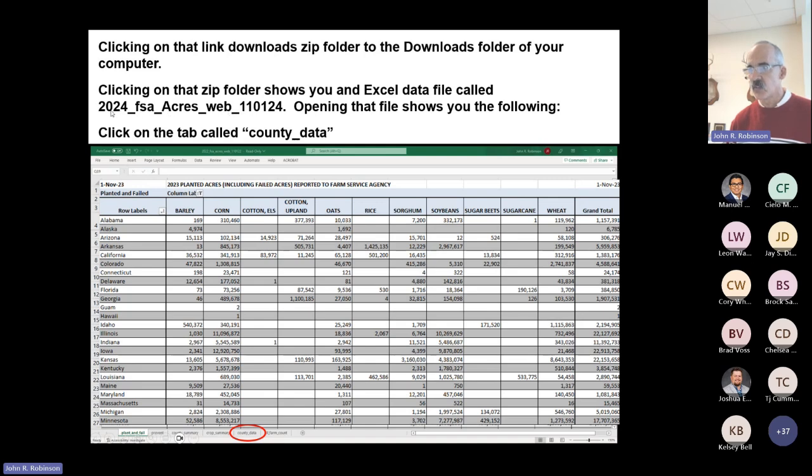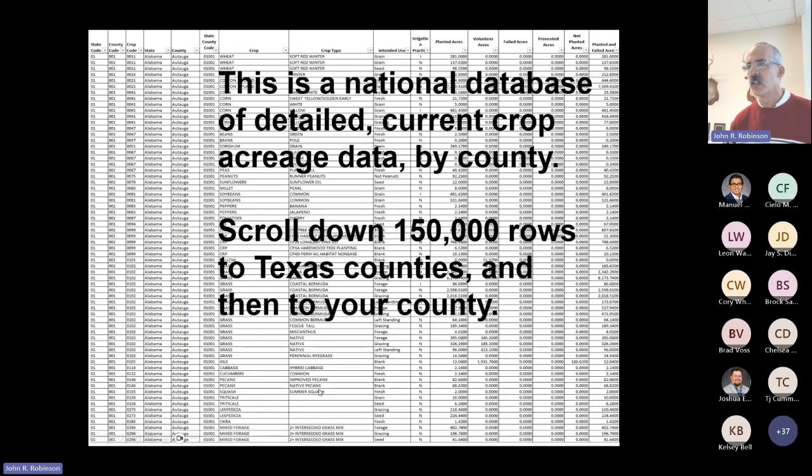The name of the Excel file is this 2024 FSA acres web 110 24. If you open up that Excel file, it's going to open to the first tab, which says plant and fail. But what you want is the tab that I've circled in red over to the right called County Data. You click on that tab, it's going to load this.